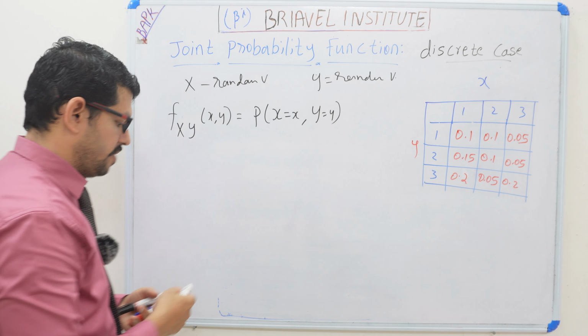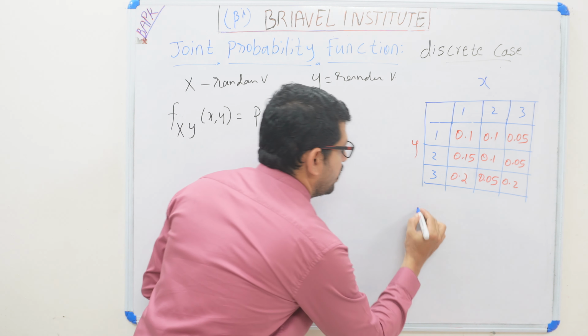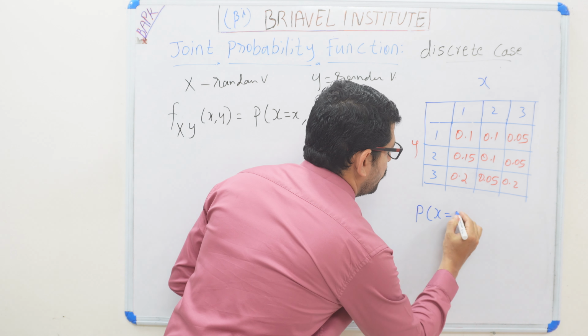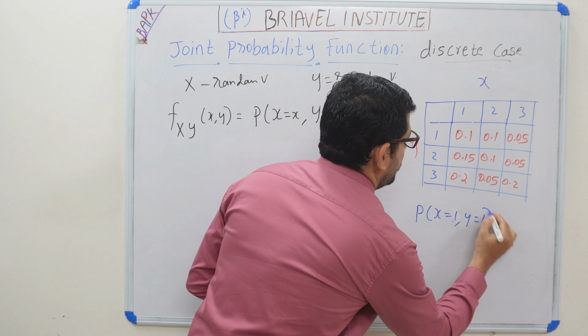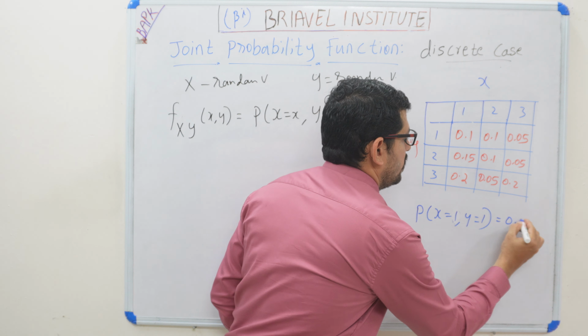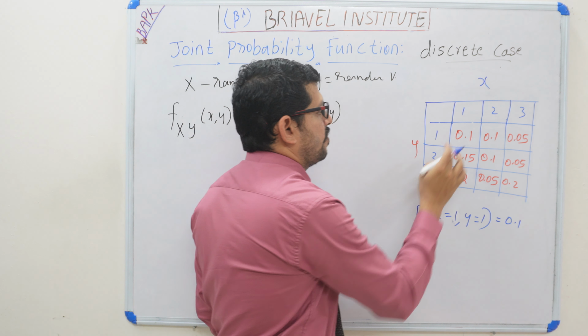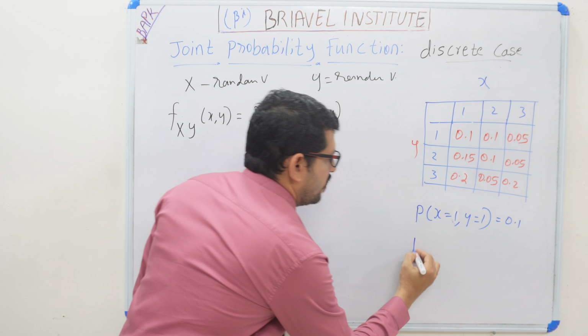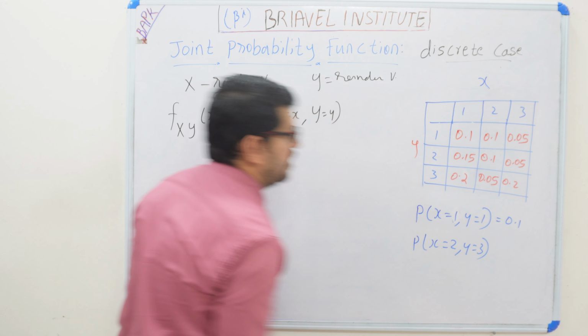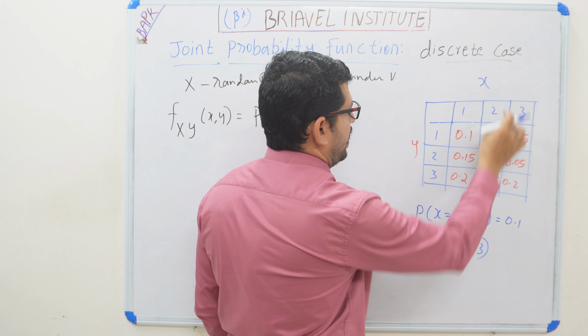So how to write this one? How to represent the probability of x is equal to 1 and y is equal to 1? What is the probability? We have to take it from the graph. It is 0.1. And what is the probability of x is equal to 2, y is equal to 3?